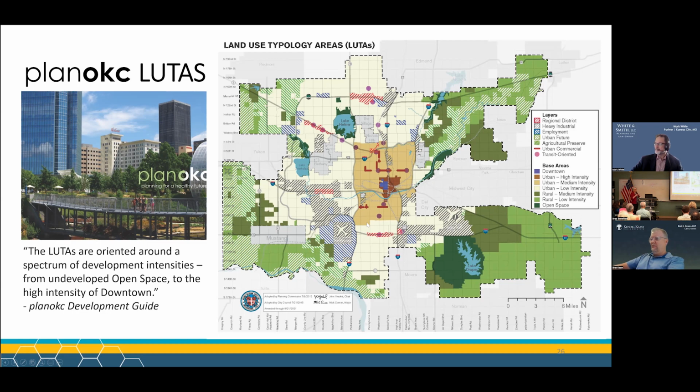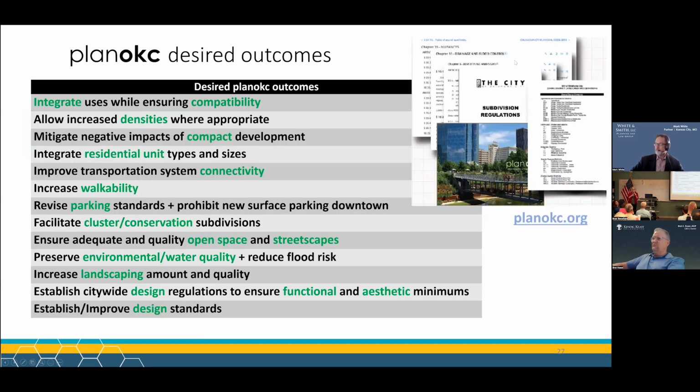Then outward from there with more suburban development in our urban low areas, but preserving our agricultural areas, not just for agriculture, but a lot of those are environmentally sensitive areas. And they're currently not often served by public sewer. So let's concentrate the development toward previously developed areas. Next slide.